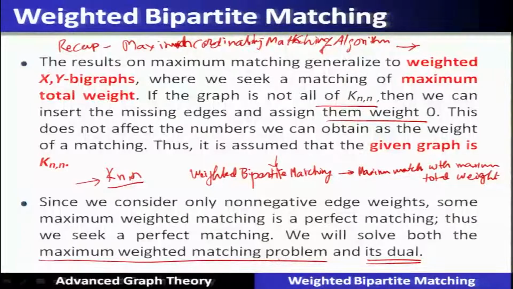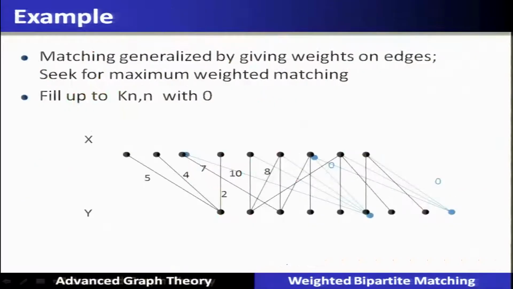In the last lecture we have seen that the dual of a maximum matching problem was the vertex cover. So, it is a minimum weight vertex cover, and that will basically be solving the problem of maximum weighted bipartite matching in this problem setting. So, let us see an example of a problem setting.